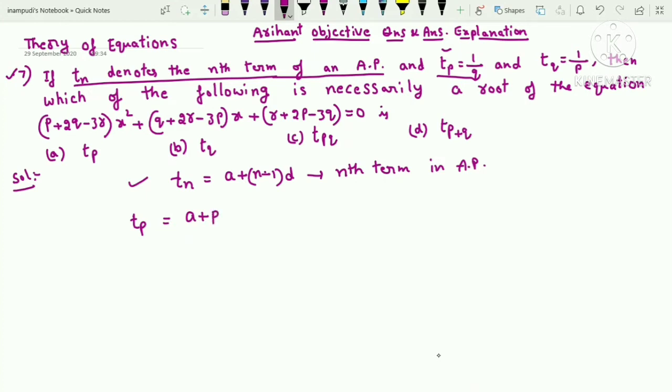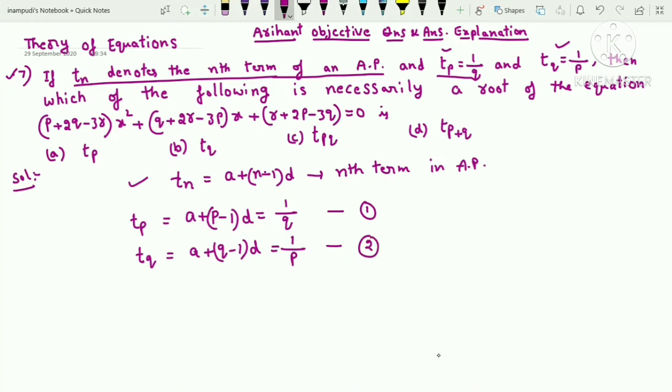Here it is given that Tp is equal to 1 by q. This is the first equation. Another equation, Tq, that is the qth term: a plus (q minus 1) into d is equal to 1 by p. This is the second equation.